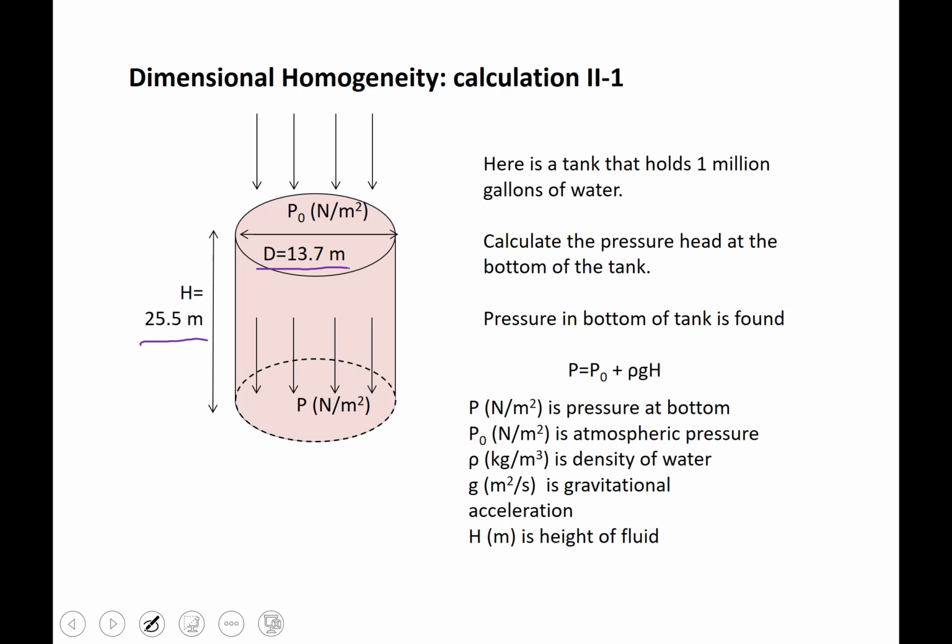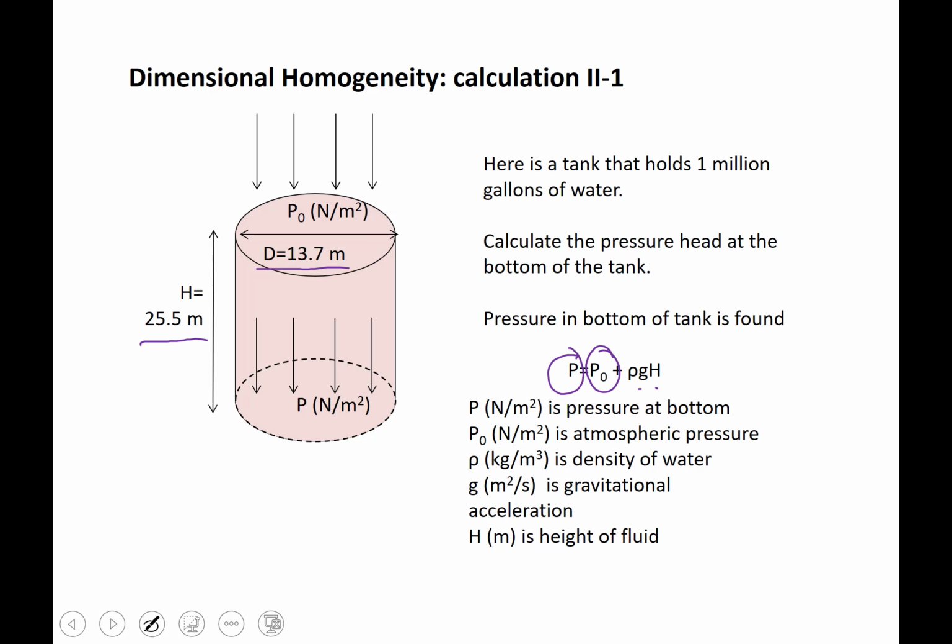So we're trying to determine what is P. The P at the bottom of the tank is going to be the atmospheric pressure at the top of the tank, which, if it's not given, you usually assume is 1 atmosphere, plus the density of the fluid times the gravitational constant times the height of the fluid.